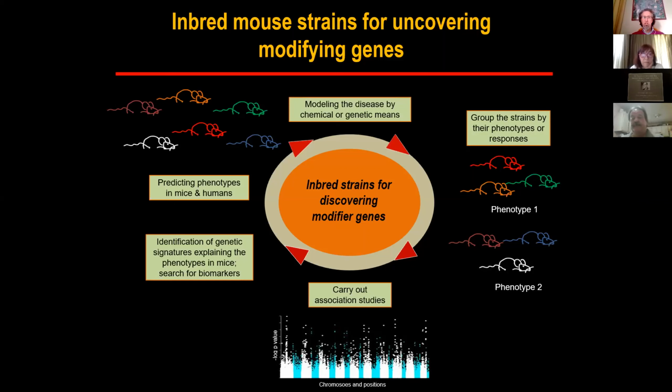The genomes of these strains are already sequenced, so we can just perform the association study. The final goal is, of course, to identify genetic signatures that may explain the phenotypes in mice. This can be used, again, to search for biomarkers in patients, and to design novel therapies for each symptom or sign. At the end of the day, we would like to predict the phenotypes in mice and humans.